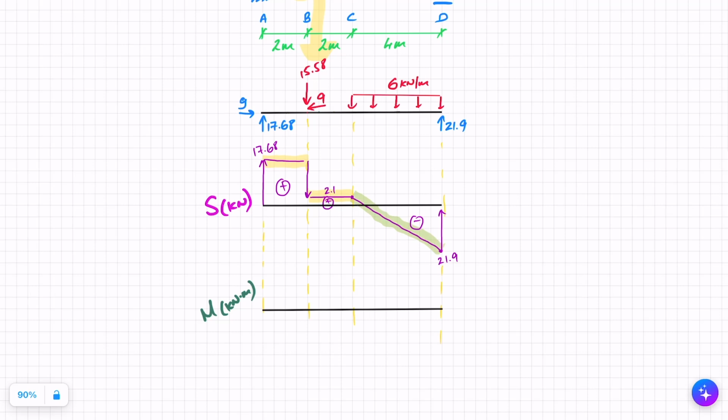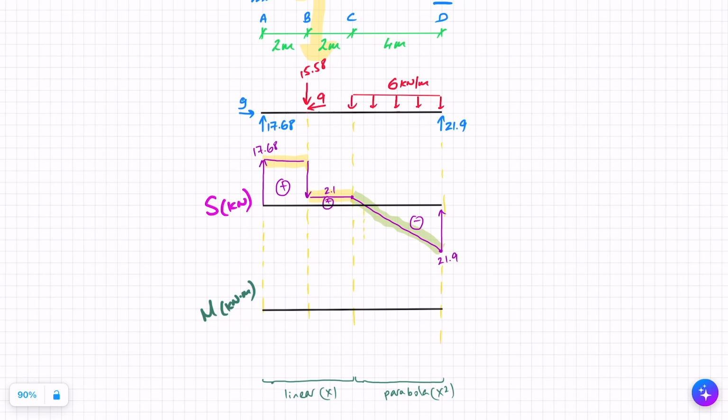So I know that here on my bending moment, this section here, up until here, these bits should just be linear or functions of x, and this bit here should be parabolic, function of x squared. I'm taking down a few interesting points. So you can see here that I've already put in wherever there's a change in my shear.